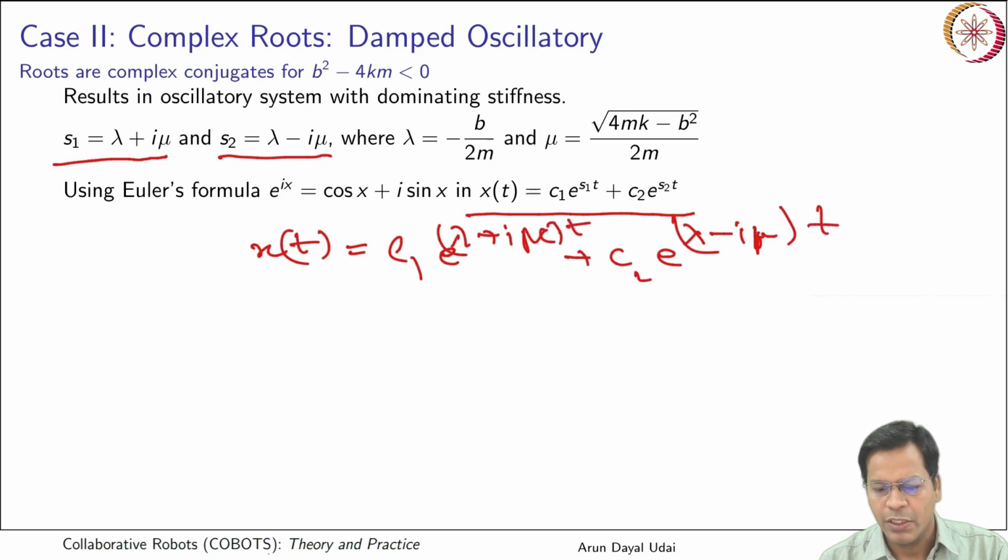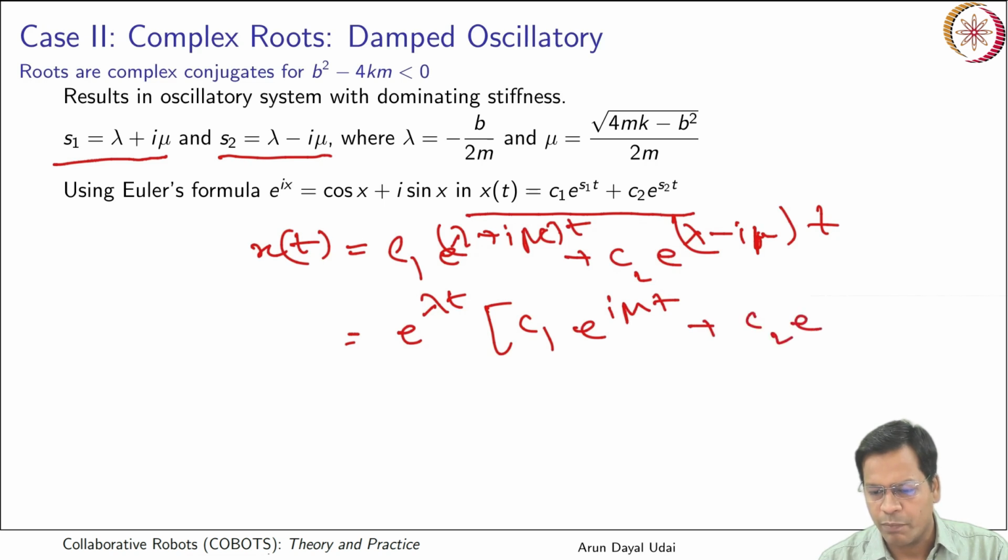Here also you have t, so e^(lambda t) can be taken out, and inside you will have c1 e^(i mu t) plus c2 e^(-i mu t). Now I can substitute the second part of it: e^(ix) is equal to cos x plus i sin x.